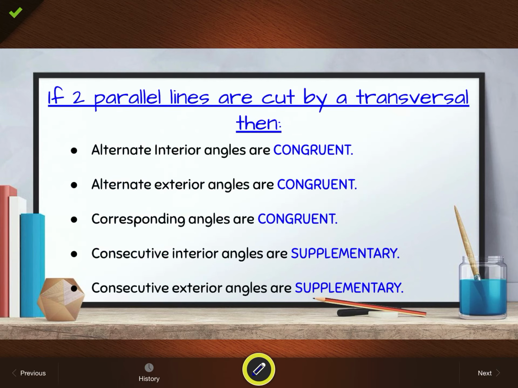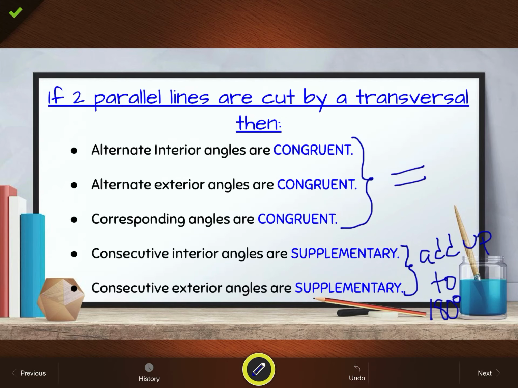And remember, supplementary means they add up to 180, so you might want to make that note just in case you forget. And I didn't say it, but congruent, remember, same measures, so technically they're equal to each other.